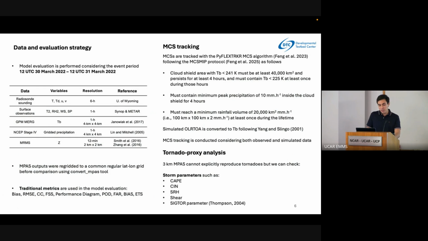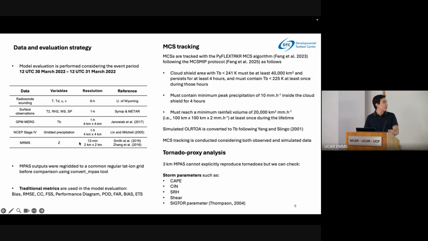So MPAS outputs were basically regridded to a common regular latitude-longitude grid before comparison using the convert_mpas tool. And to ensure the same resolution, we chose 4 kilometer resolution to match the brightness temperature and precipitation resolutions. And we also interpolated the MRMS to the same resolution.